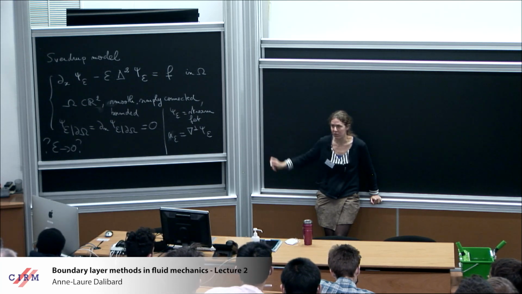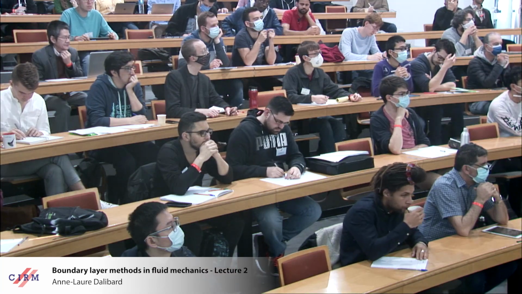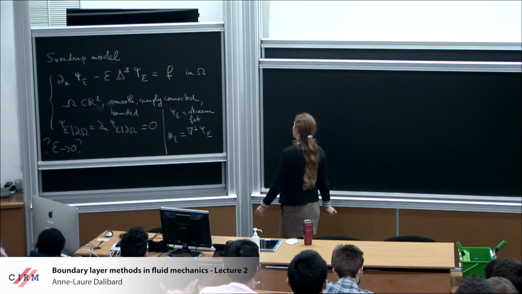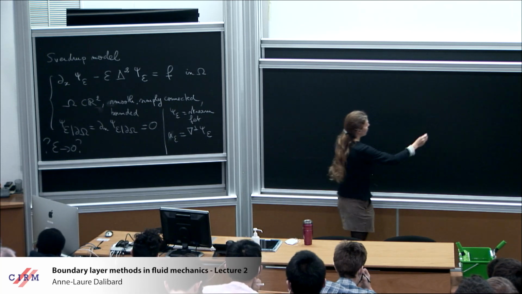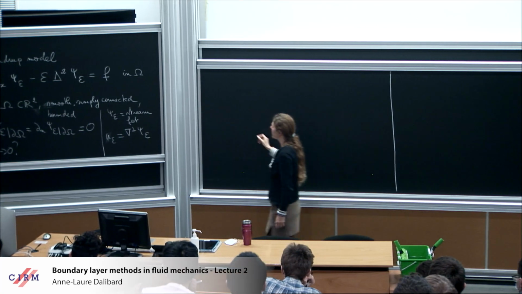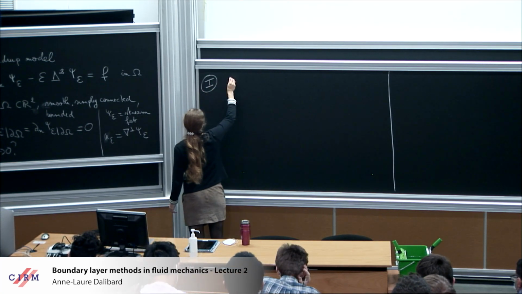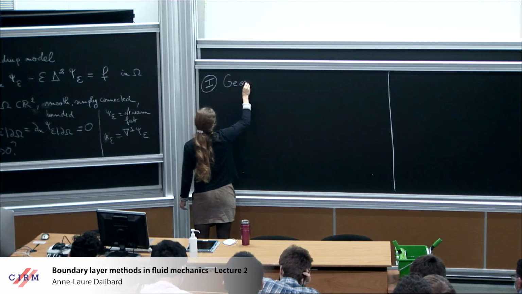Really the same equation. Good. So now this is the equation that I will be working with, and the first part of the talk will be dedicated to what is called geostrophic degeneracy.